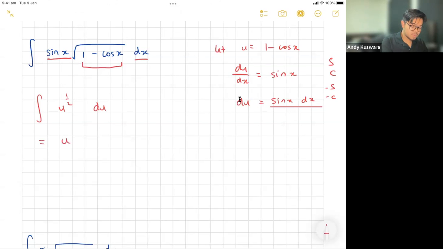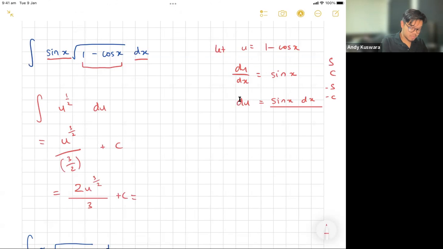So it's going to be u, add 1 to the power, so it's 3 on 2, divided by the new power, 3 on 2, plus c. Just to clean it up a little bit, this becomes 2u to the 3 on 2 over 3. And again, we can replace the u with our x again.